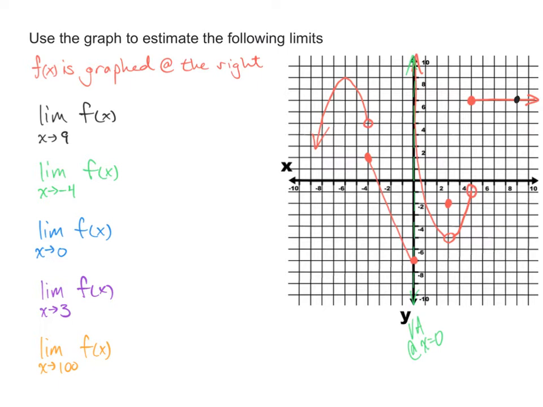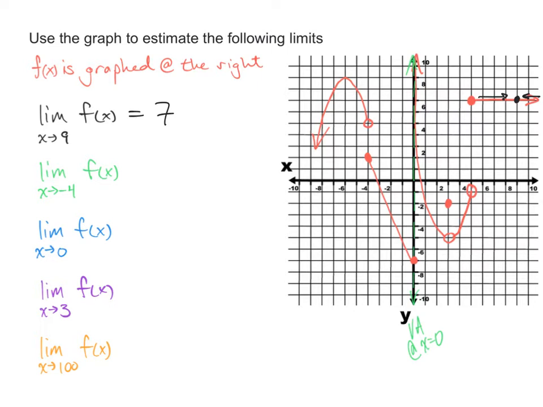What we need to do then is approach that specific x value 9 from the left and from the right. And both from the left and from the right, this graph is approaching the same y value. That y value is 7. And remember, it's very important to be approaching the same y value.